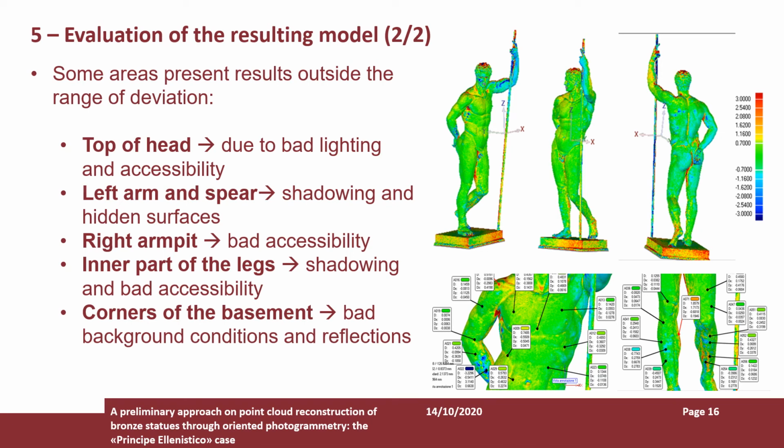Some issues of bad accessibility caused values outside the range in the right armpit and in the inner part of the legs. At the end, bad background conditions and some reflections have led to high deviation in the corners of the basement.